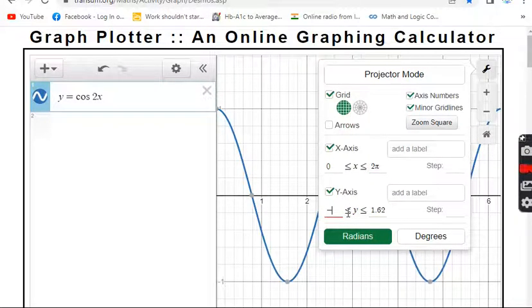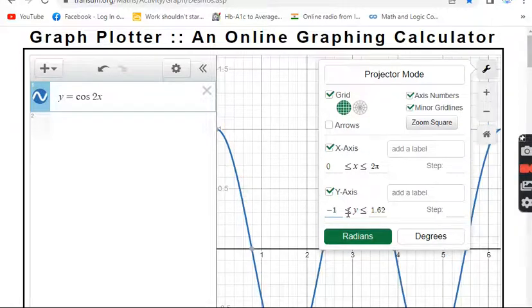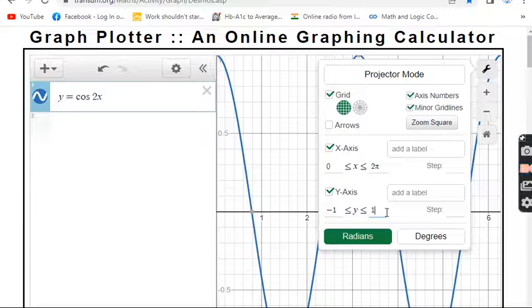The range is the same, -1 to +1. See this.